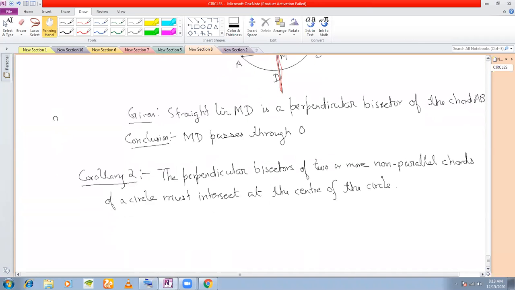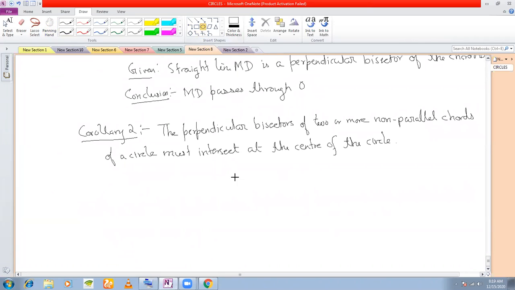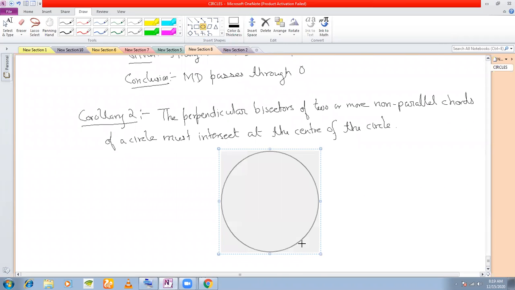So what does this mean? The one that I was saying, say I take two non-parallel chords.